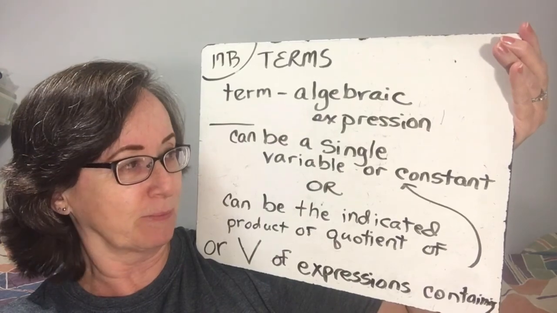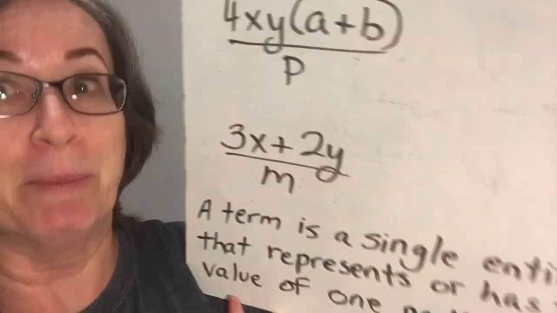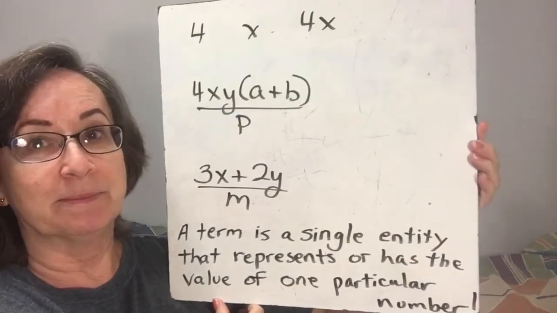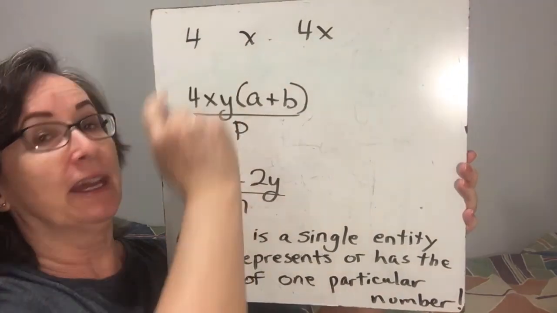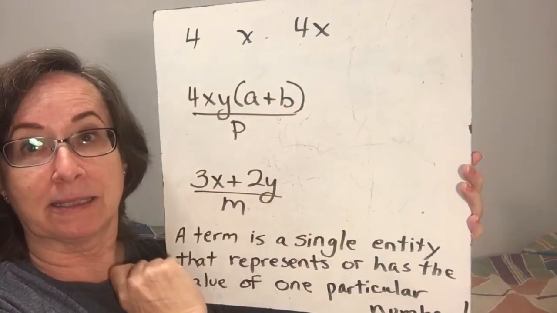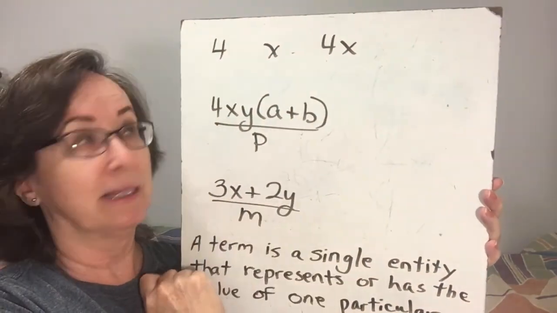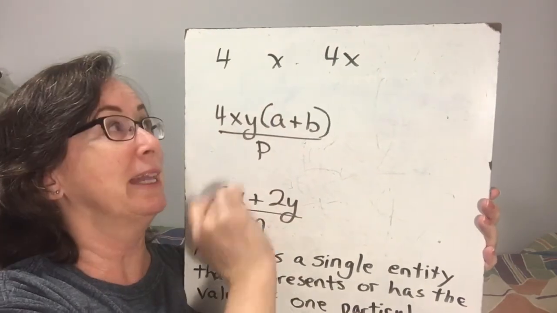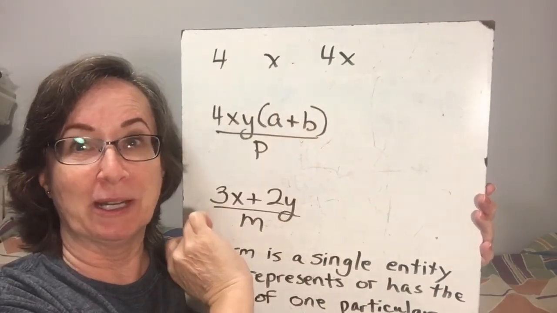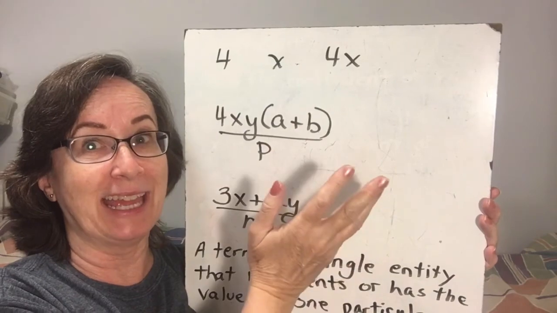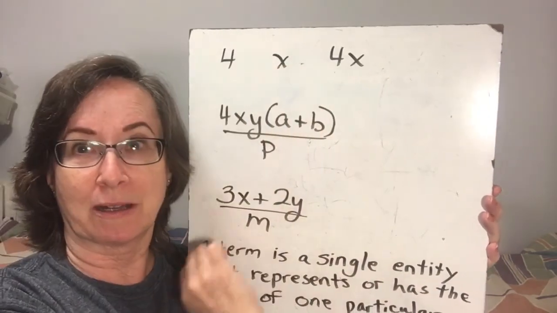So it is basically a very broad definition. It could be 4, or it could be x, or it could be 4x. So these were definition 1, where it says it is a single variable or constant.